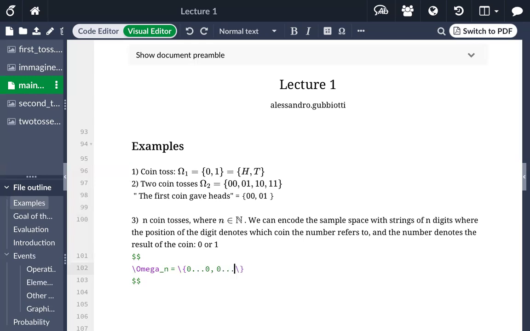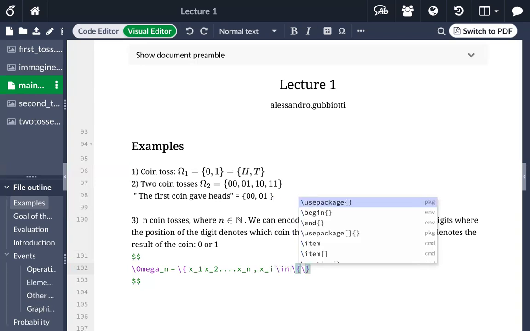I could list it in this way, but for a general n, it is quite difficult. So let me write it in another way: the set of strings of n digits. I will denote each digit as xi, so x1, x2, etc., up to xn. These are the digits, where xi is in {0, 1}.